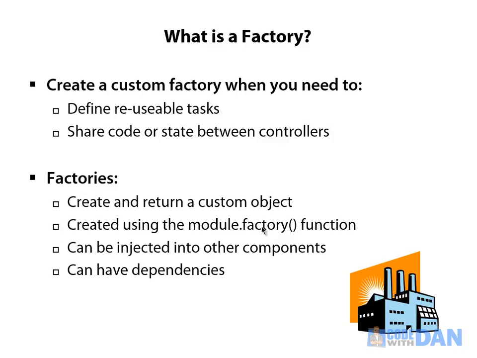Now, once you've created a factory, you can inject that into other components. One example would be you might inject it into a controller, but you could also inject it into another factory or service. So factories can really be reliant on other factories or services as well, and then they can have their own set of dependencies. So for example, you might need the $http that I showed earlier because you want to make AJAX calls.